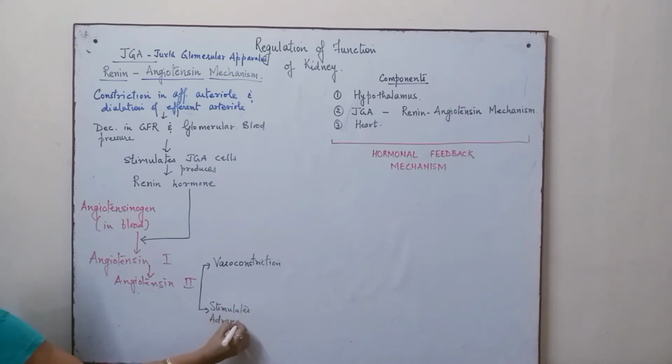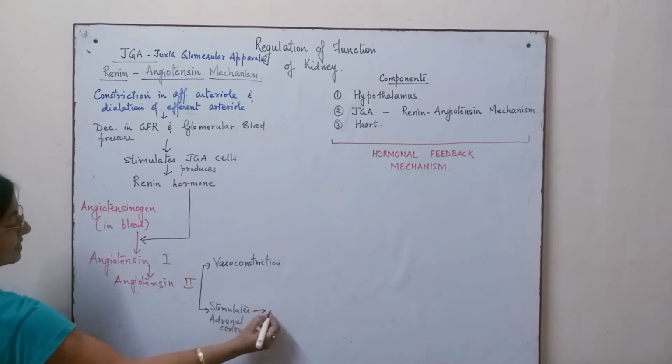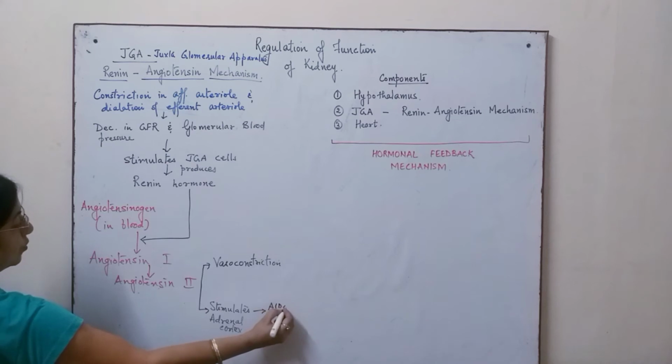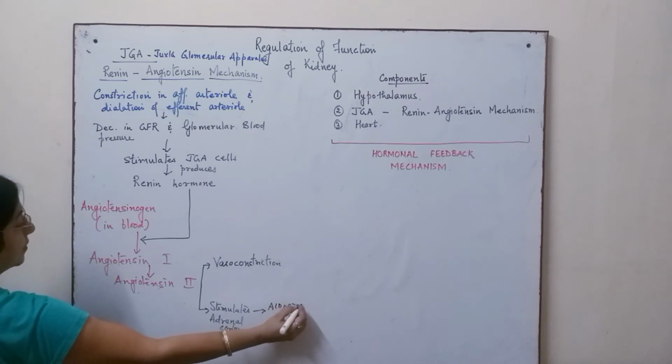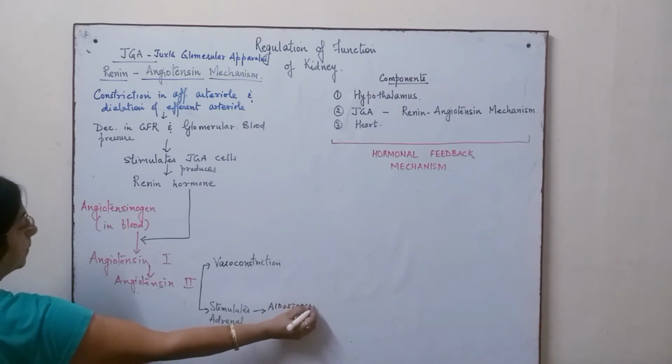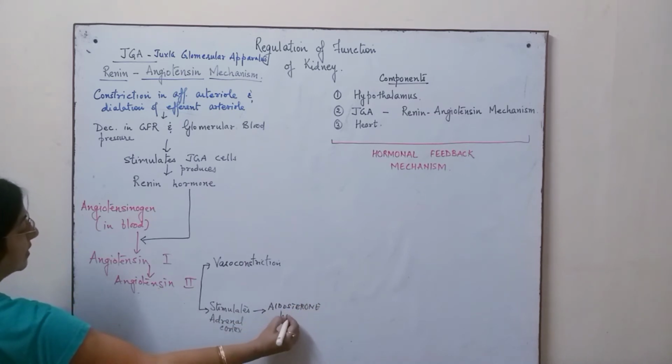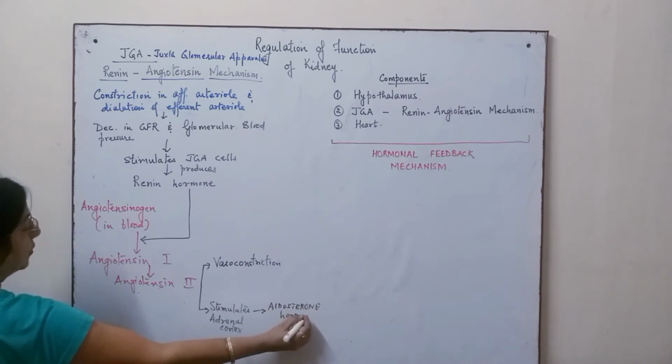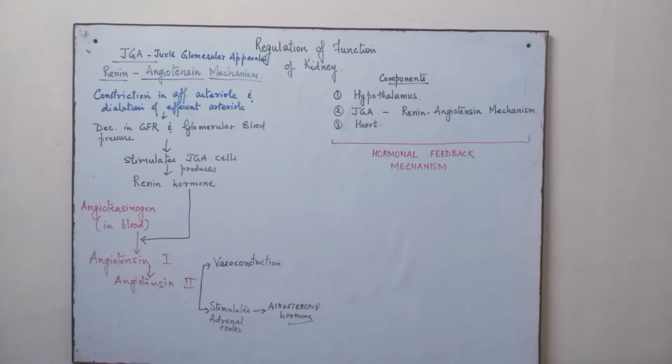Due to the stimulation of the adrenal cortex, a hormone called aldosterone is released. This is another hormone which is being produced.